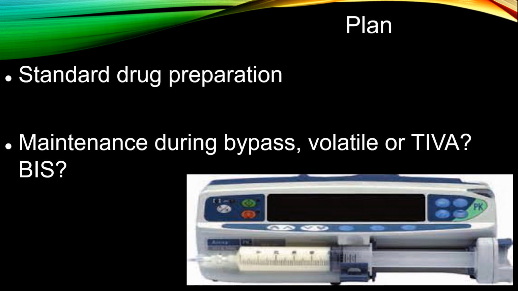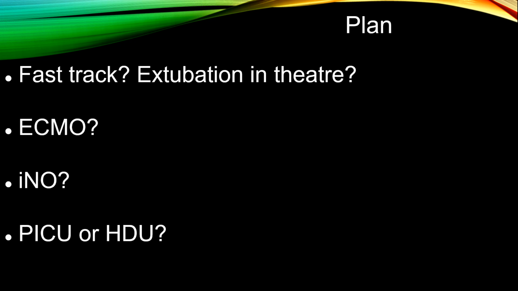However, TIVA can also be used, using a combination of propofol or midazolam and fentanyl or alfentanil or dexmedetomidine. Some people use rocuronium boluses, and some other anesthetists just put a rocuronium infusion to be sure that the patient is relaxed all the time.